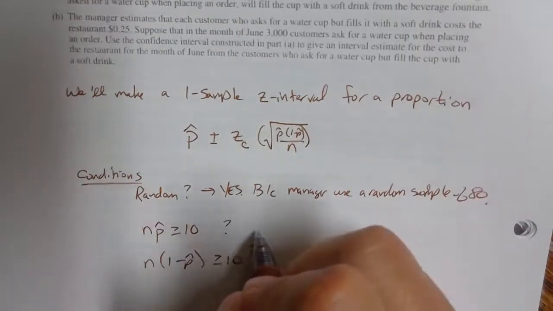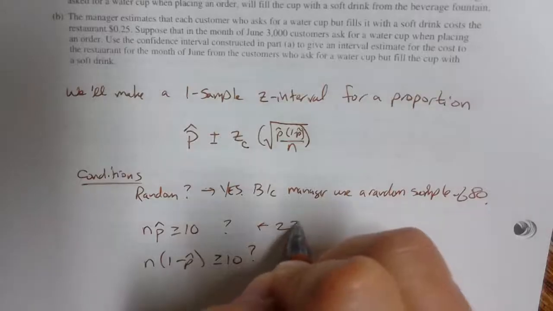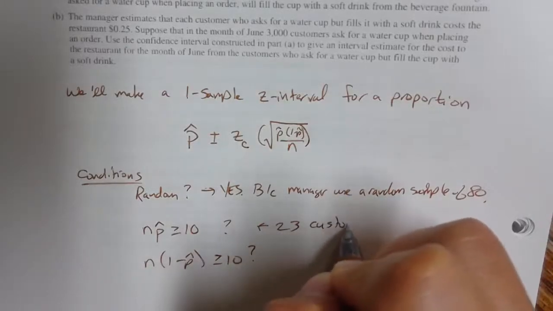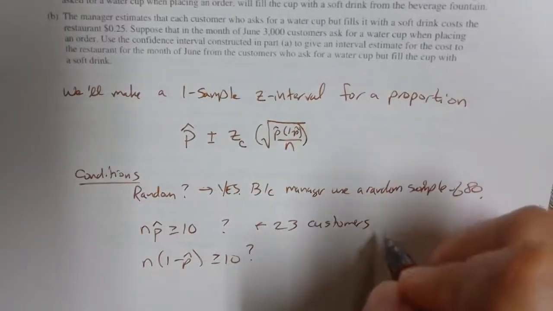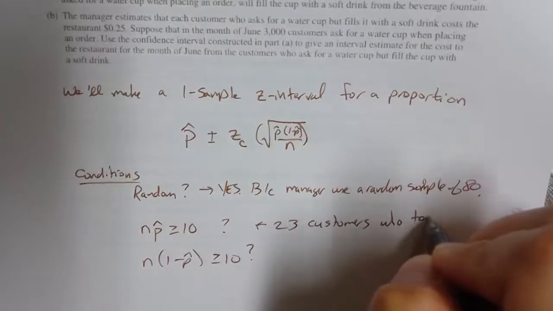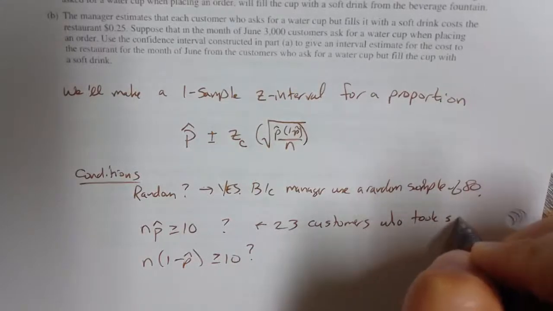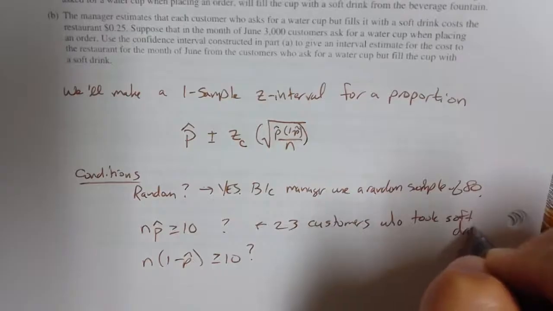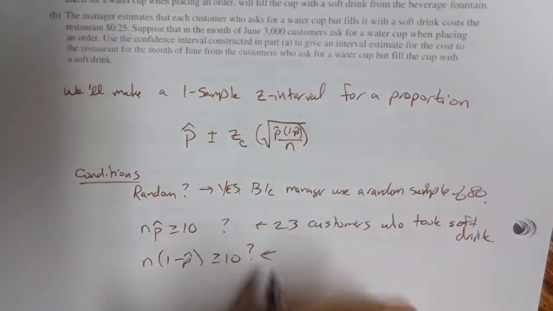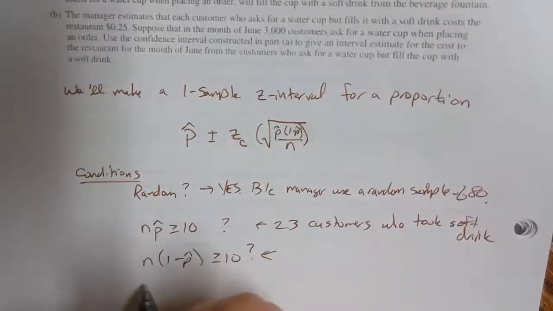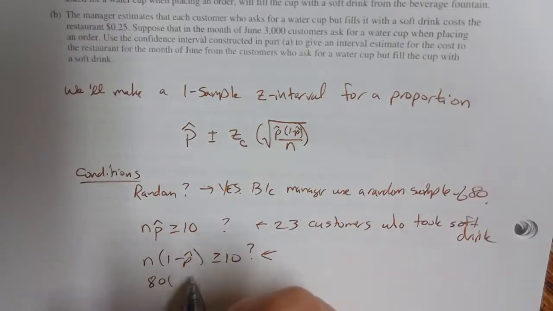So in this case, we know that there were 23 customers who took soda or a soft drink. And we also know, well, we could check the calculation too, they took the 80 customers. I guess we don't have the p-hat calculated yet.